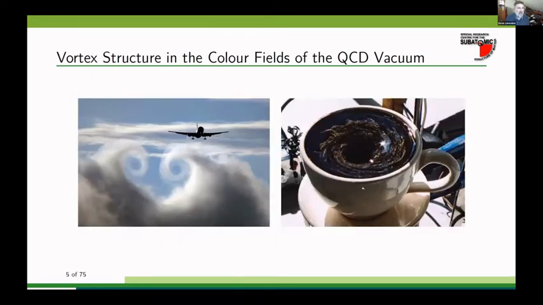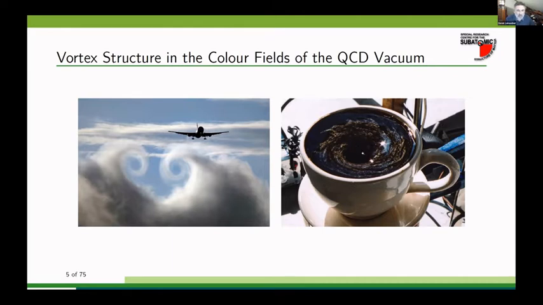Okay, so I'm going to spend a lot of time talking about vortices. Let's start with the vortices that we know and love. These are a couple of nice pictures of what we would call thick vortices, in that there's material that's swirling around. I would love to show you the thick vortices, but I'm not going to do that because it's pretty complicated. What I am going to show you is the vortex line that sits at the center of these thick vortices.